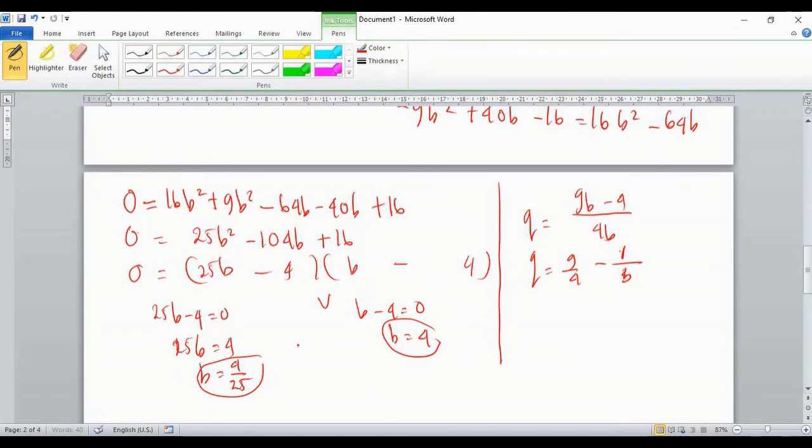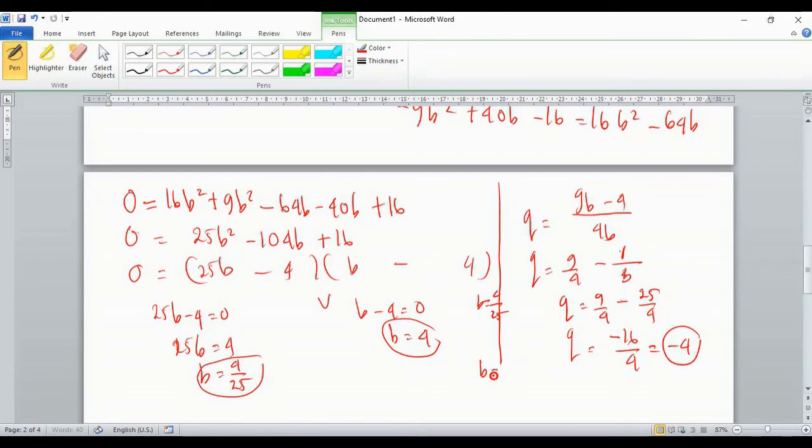Okay, just substitute the first b. I want to substitute b equal 4 over 25. So the k is 9 over 4, minus 25 over 4. See, the k is equal with minus 16 over 4. It's equal minus 4. So we have the first k, minus 4.